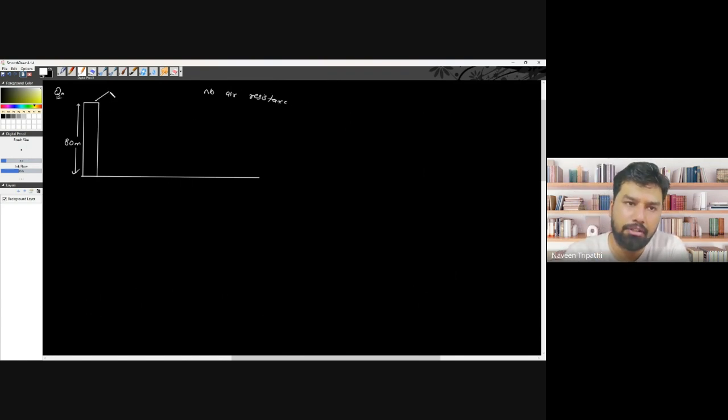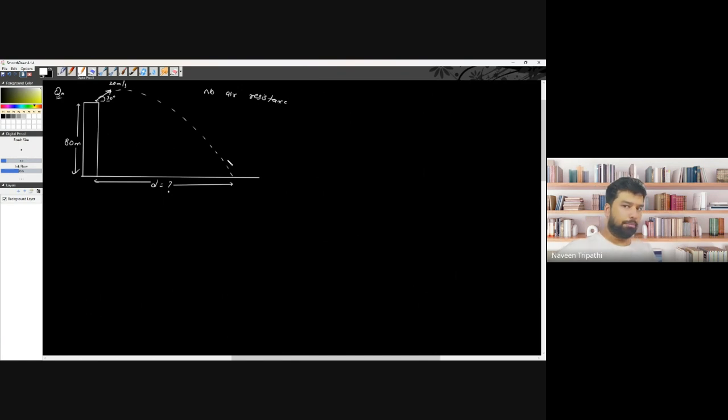We throw a particle at an angle of 30 degrees with a speed of 20 meters per second. Obviously, it will go something like this. You have to find where it lands from the foot of the building, this distance d, and how much time it takes to land.